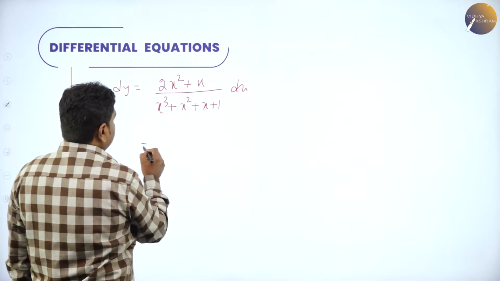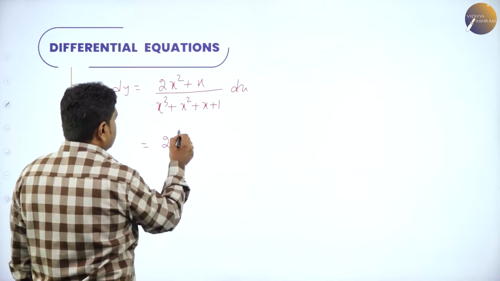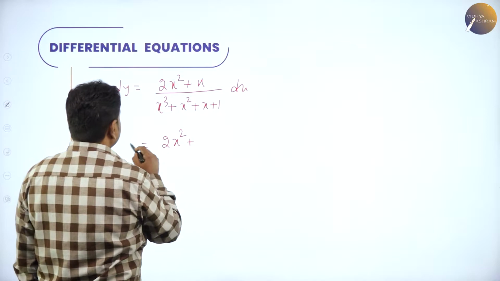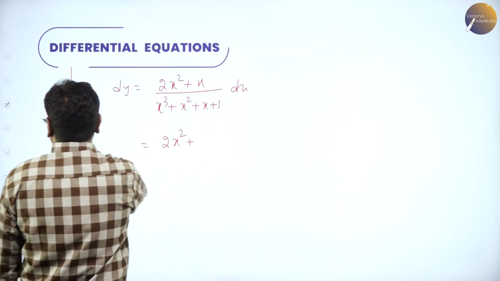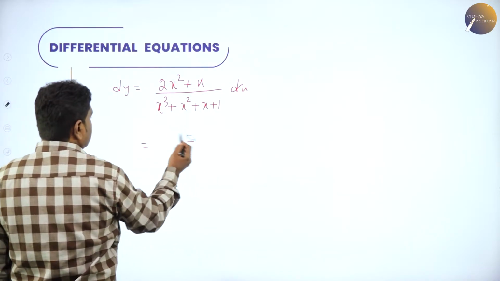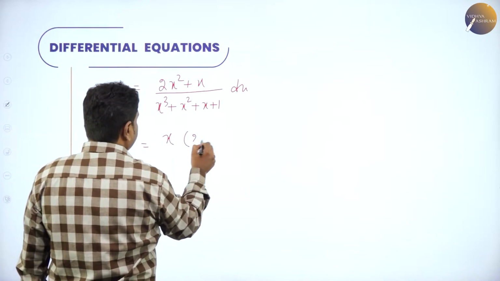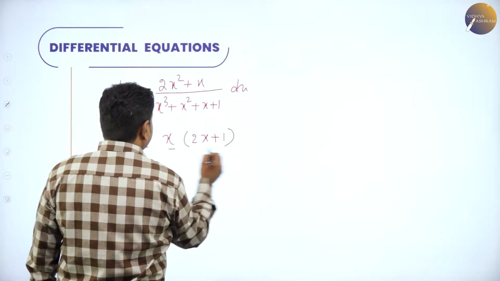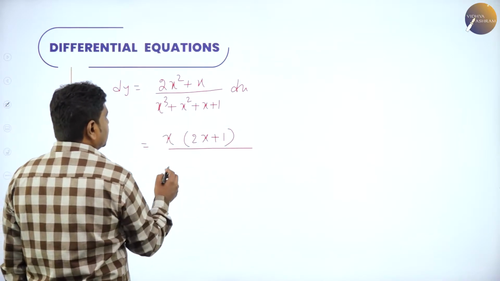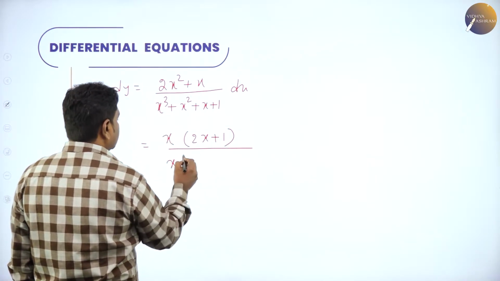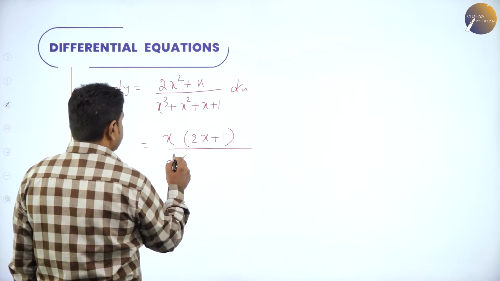So 2x square plus x. In numerator I can take x common. If I do that, I will be having 2x plus 1. In denominator, in these two I can take x common. So it will become, x square common.